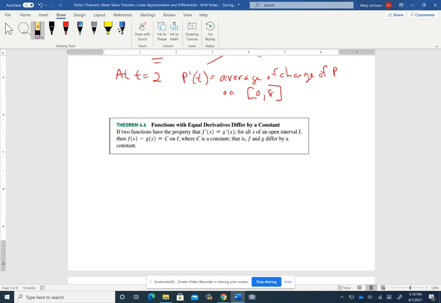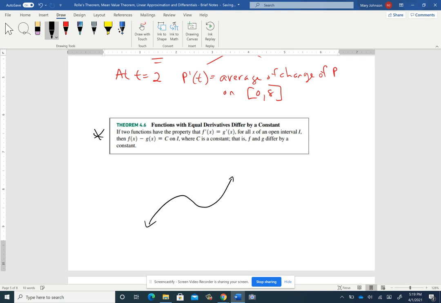All right, now this result right here, I kept on here, I wanted to mention, because this is the result we're going to use starting next week. What it says is, if you have two functions, and when you found the formula for the derivative of those two functions, okay, if the derivatives are equal, then you know the original functions can only vary by a constant. All right, so like, say this is one of the functions.